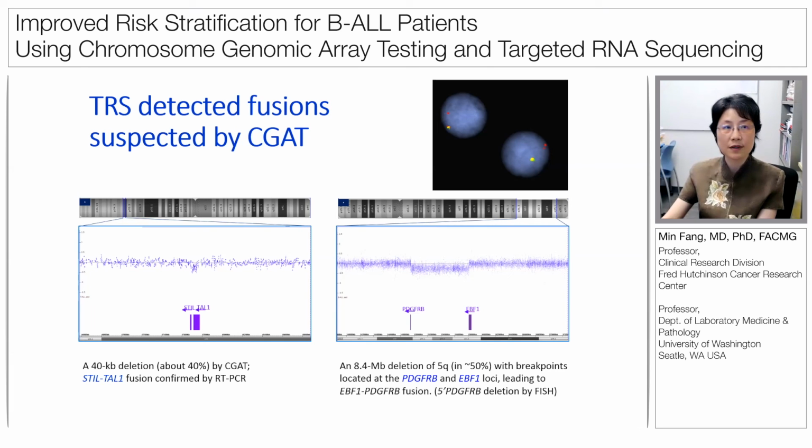In both cases, of course, the targeted RNA sequencing detected the suspected fusion. In this case, there was a relatively large deletion, an 8.4 megabase deletion of 5q, with breakpoints located at the PDGFRB and early B cell factor 1 loci, leading to the fusion of these two genes. That was also confirmed by FISH and the targeted RNA sequencing.